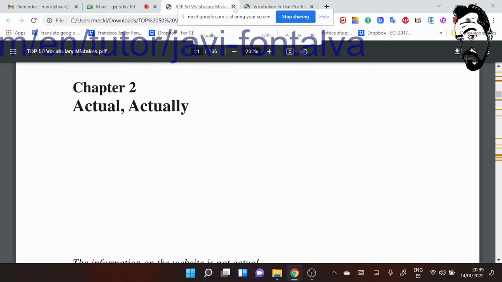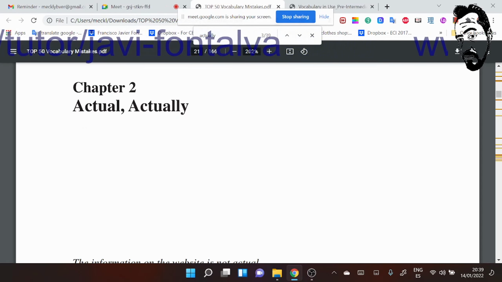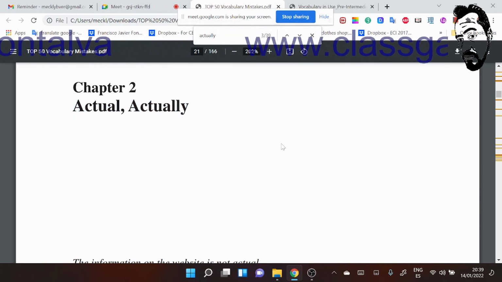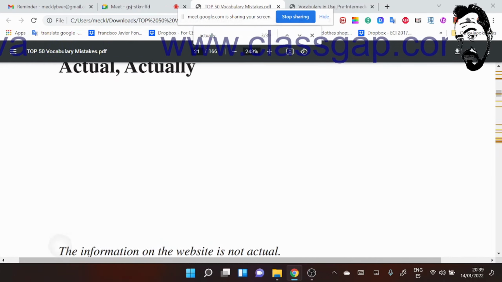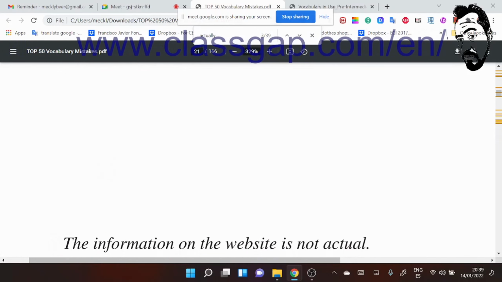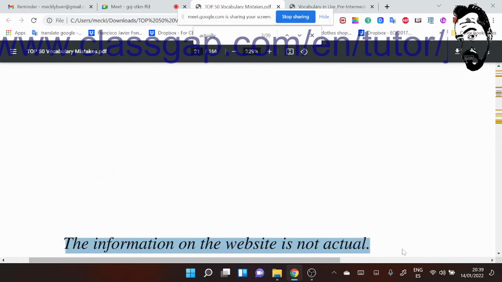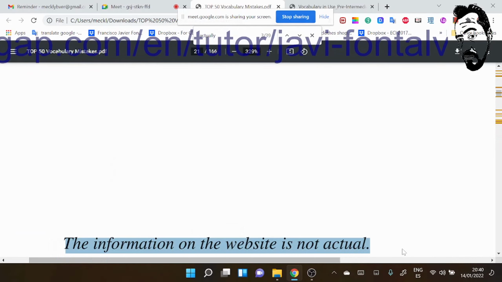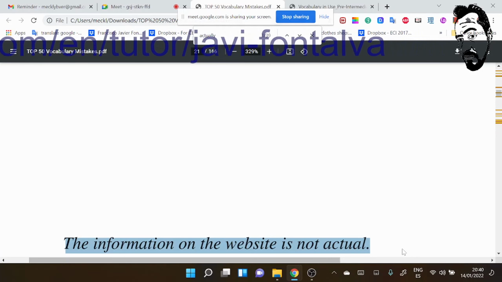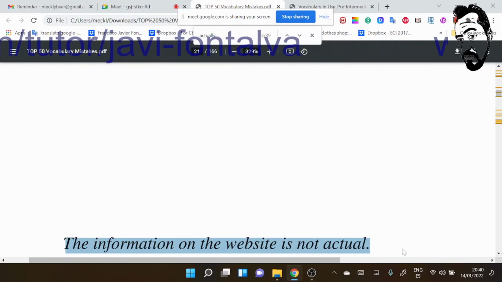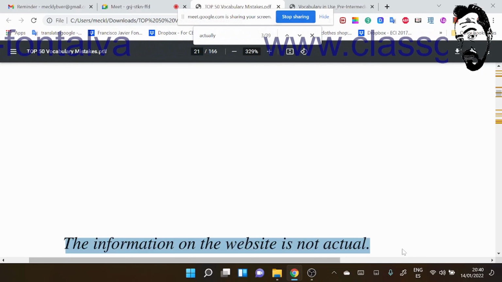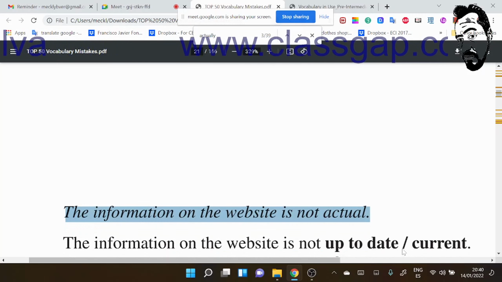Yeah. Okay. We're gonna learn a false friend. So actual and actually. This is a tricky word for Spanish speakers. So there is a problem here. Can you see the problem? The information on the website is not actually up to date.